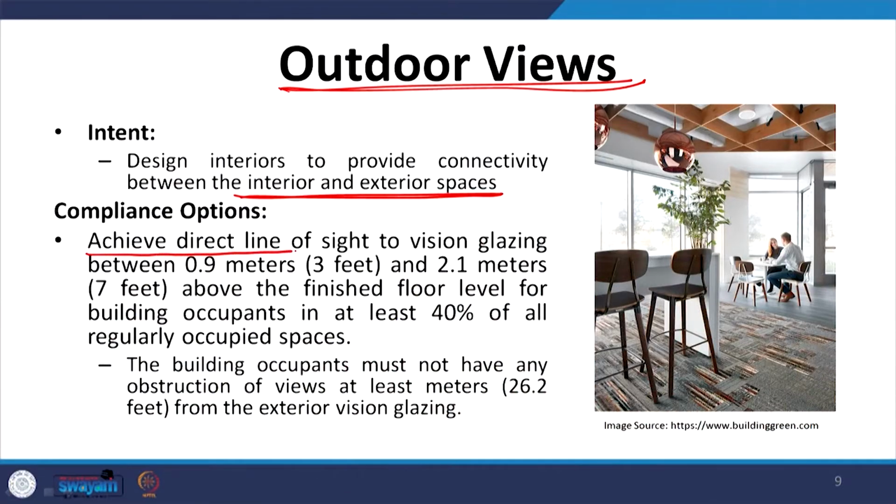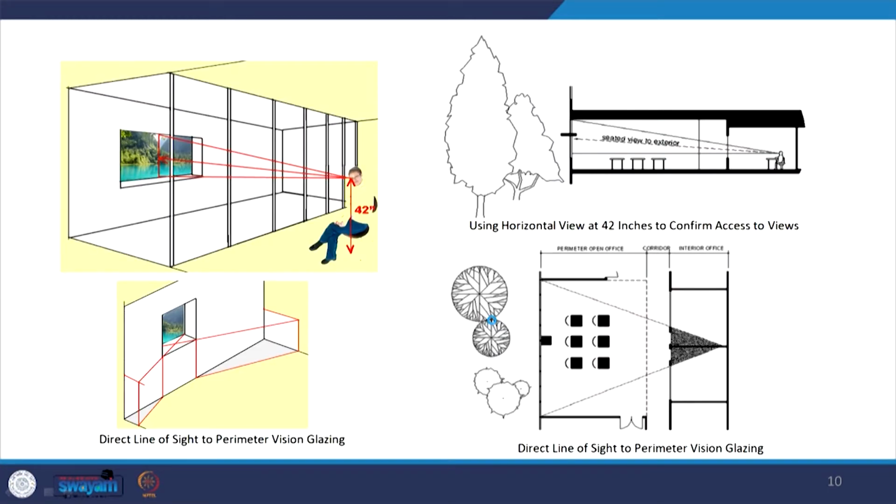To comply with this, we have to achieve the direct line of sight to vision glazing between 0.9 meters and 2.1 meters of the height above the finished floor level for building occupants in at least 40% of all the regularly occupied areas. Now, the compliance can be shown very simply with the help of schematic diagrams, where we have to ensure that the eye level is considered at a 42 inches height.